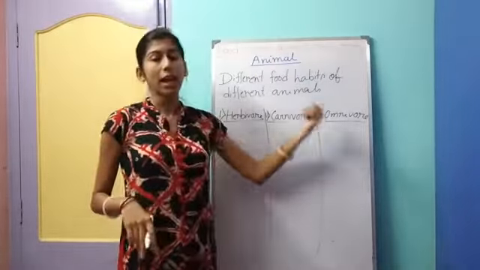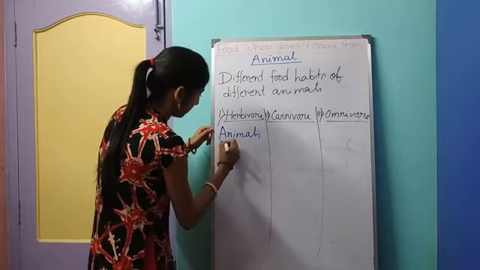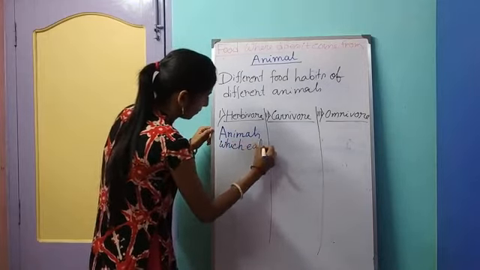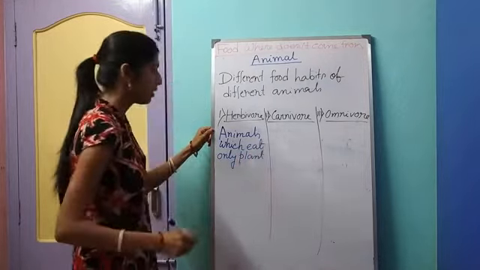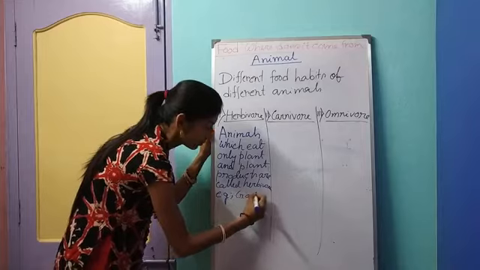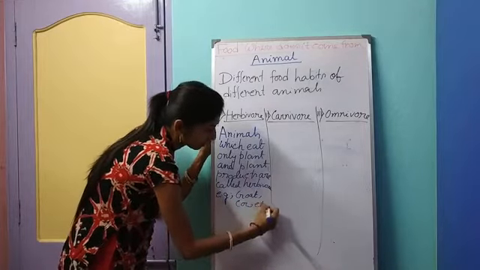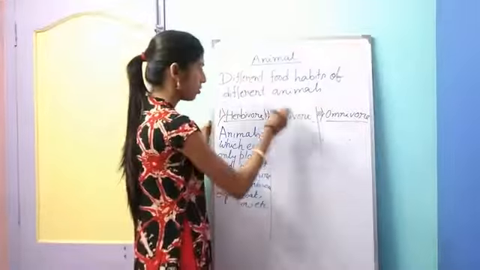Okay, so let me write. Animals which eat only plant and plant products are called herbivore, for example goat, cow, etc. Next is carnivore.